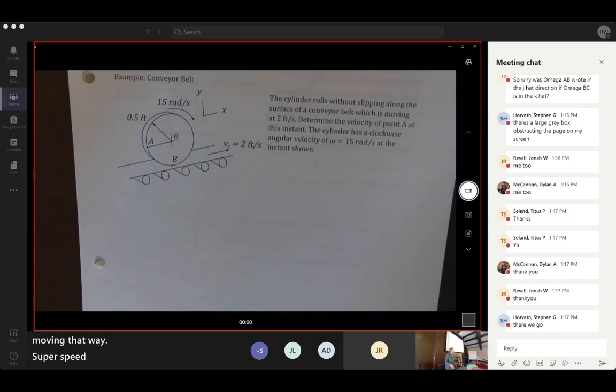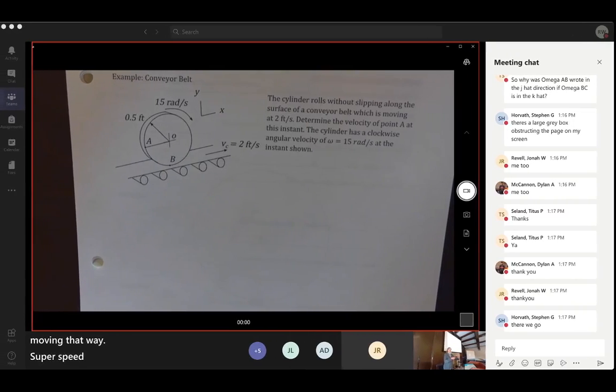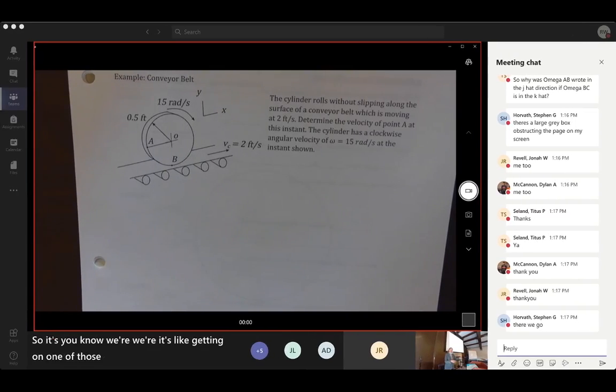It's like getting on one of those moving sidewalks at the airport, right? So you've got something that's rolling forward as the ground under it is moving forward. Okay, so it's useful to just make sure we understand what's happening in a problem before we start trying to solve it.